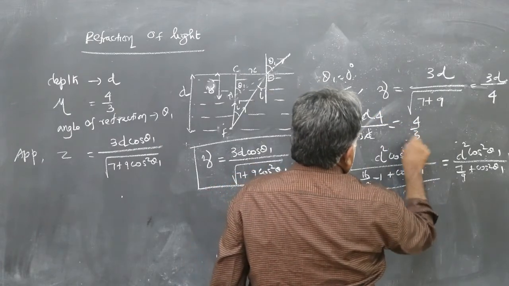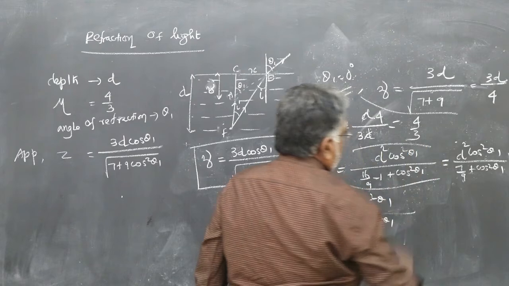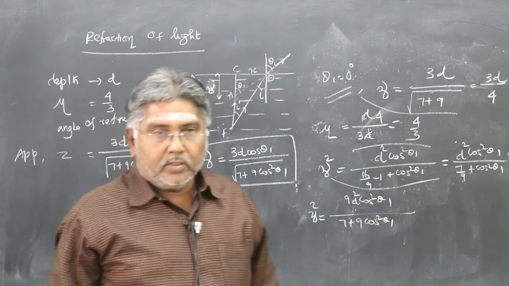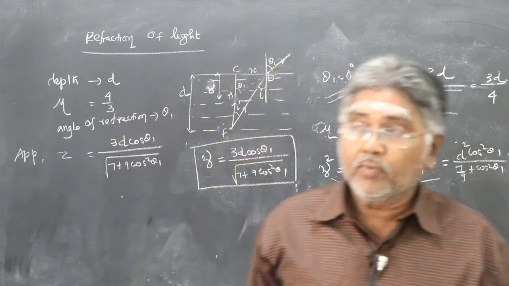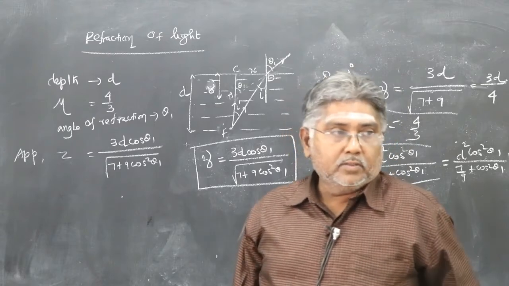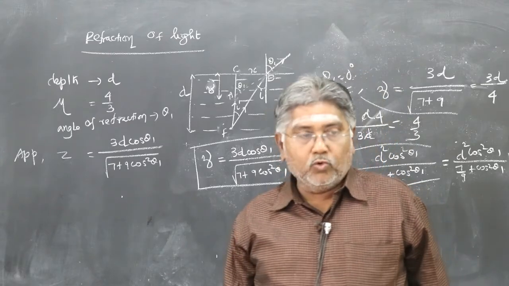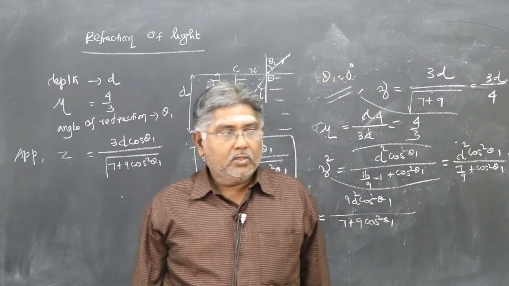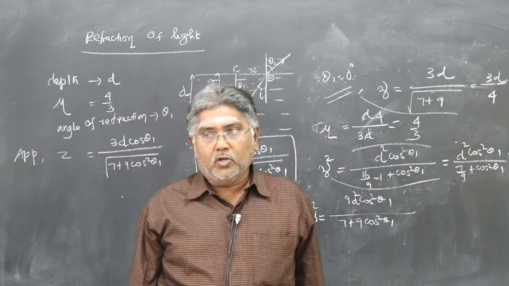Mu is 4 by 3. So this also gives you the quantities when you view the fish in a near normal direction.